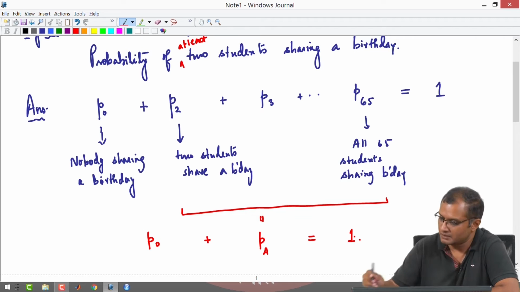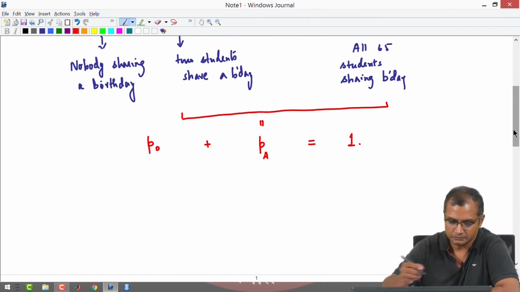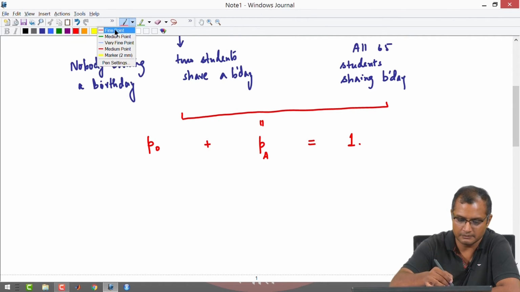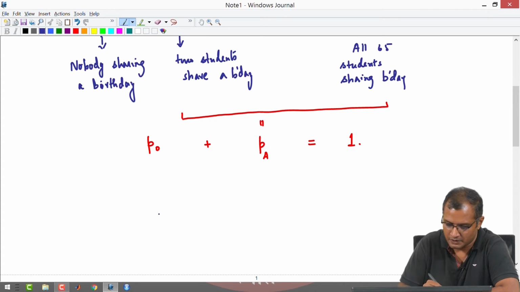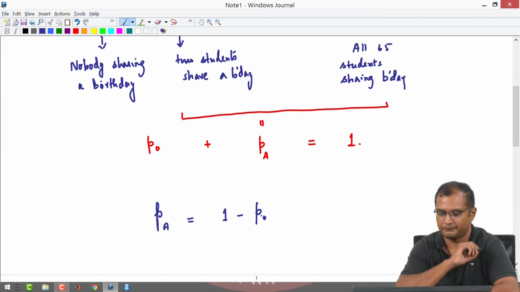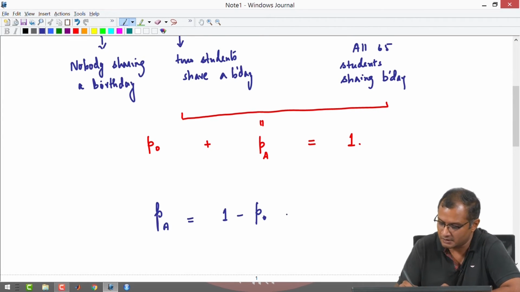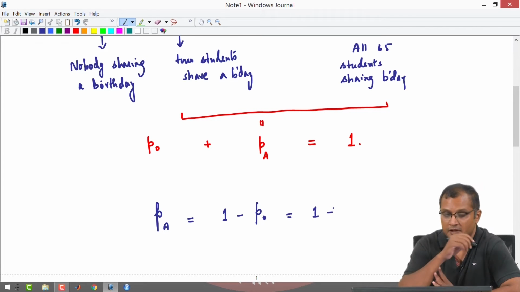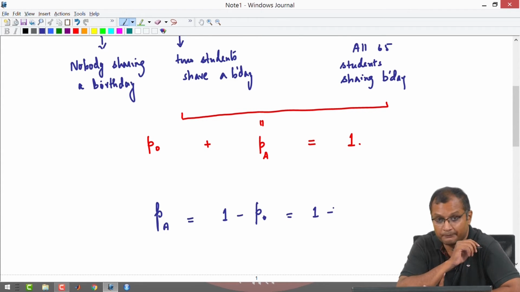Okay. So, which means my answer is now PA equals 1 minus P0, which is nothing but 1 minus the probability that nobody shares a birthday.